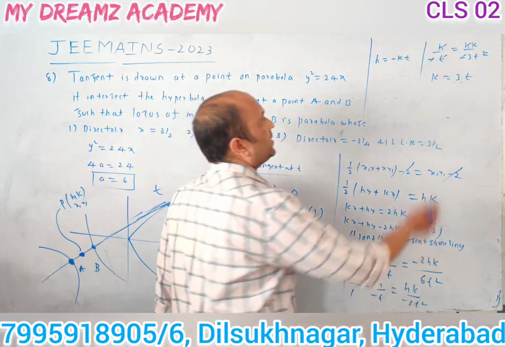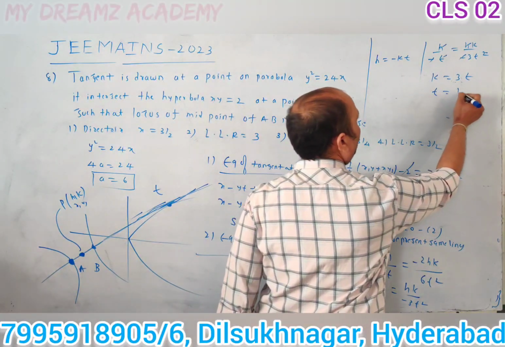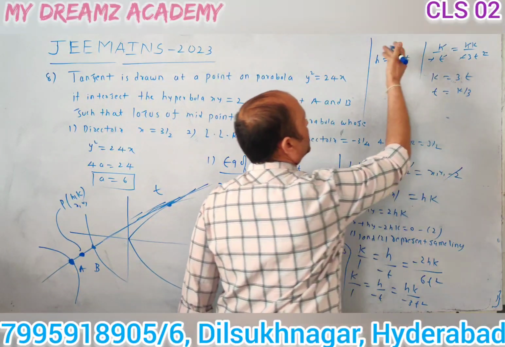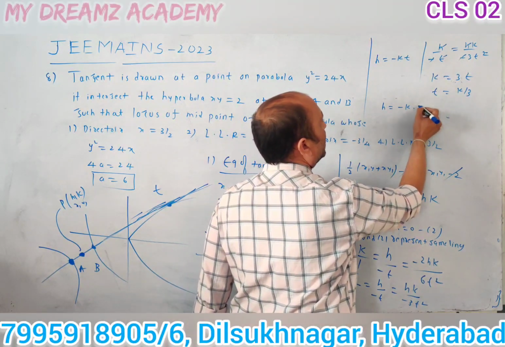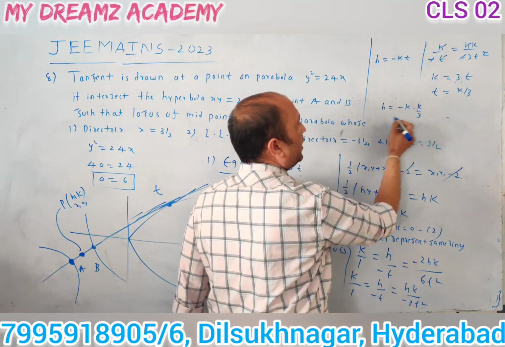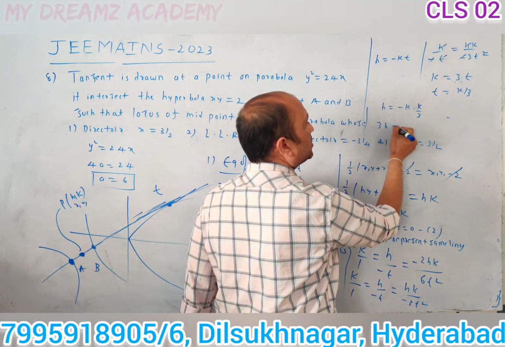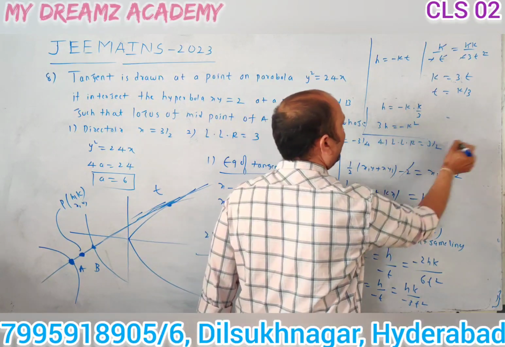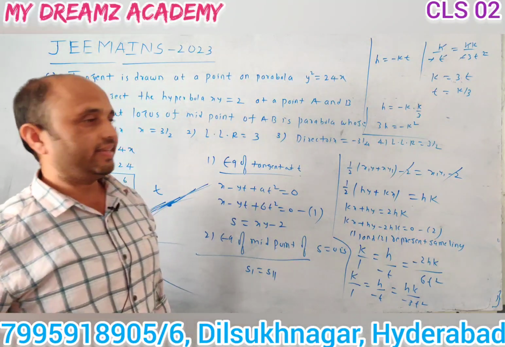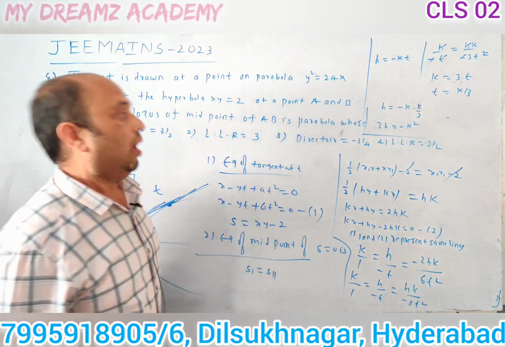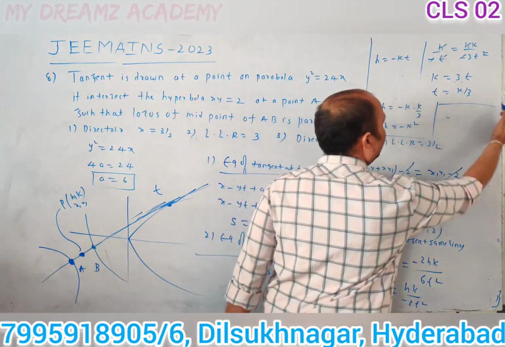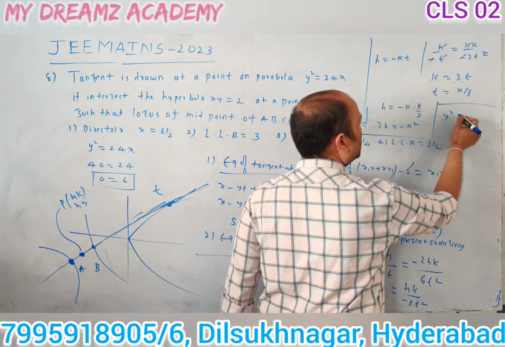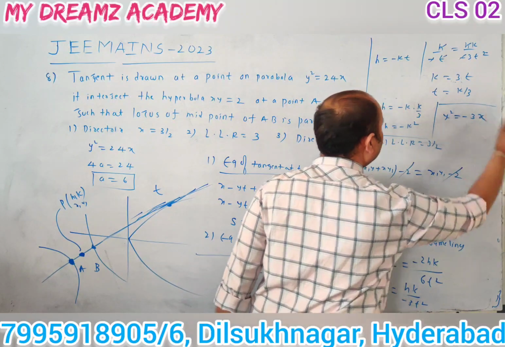Now t is equal to k by 3. Substitute here: h is equal to minus k into k by 3, or 3h is equal to minus k square. This is the locus. Replacing h by x and k by y, we get the parabola y square is equal to minus 3x.